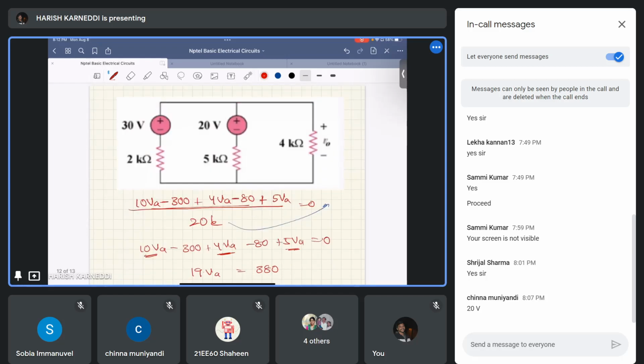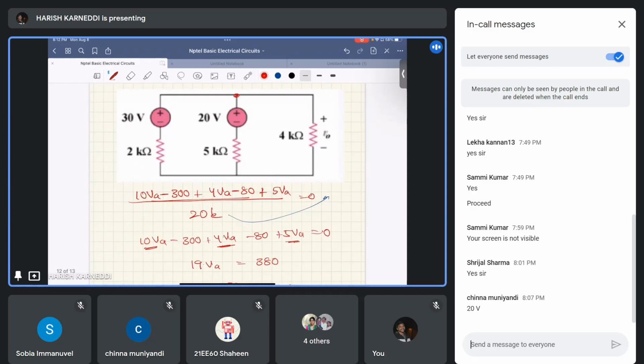The voltage at this point, VA, is 20 volts. What is V naught? V naught is the voltage across this 4 kilo ohm. That is in between only, no?